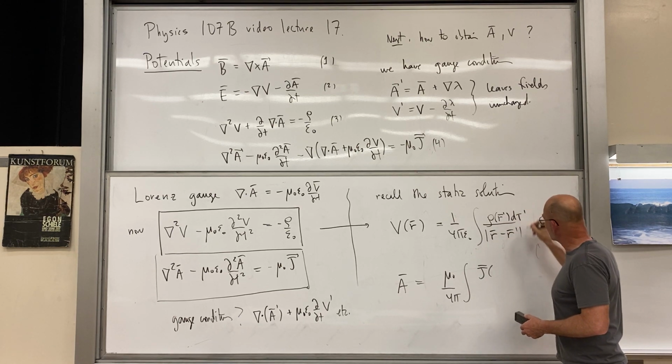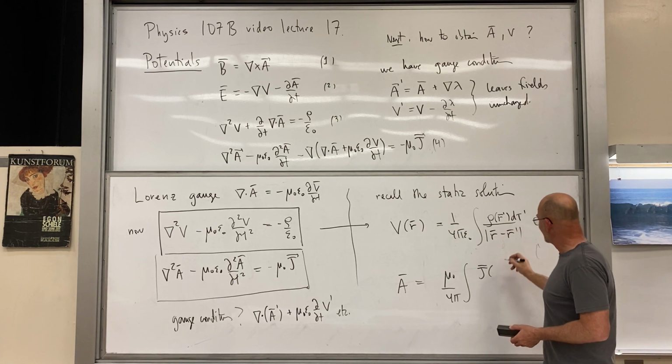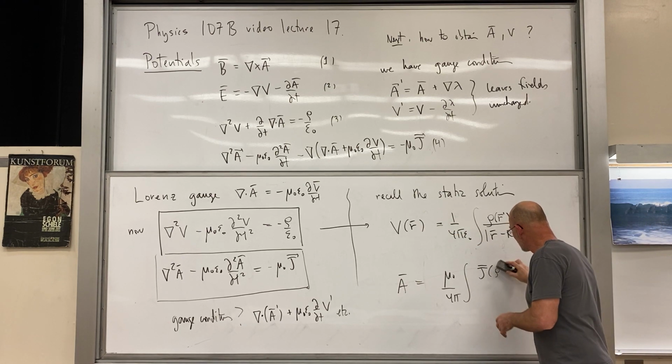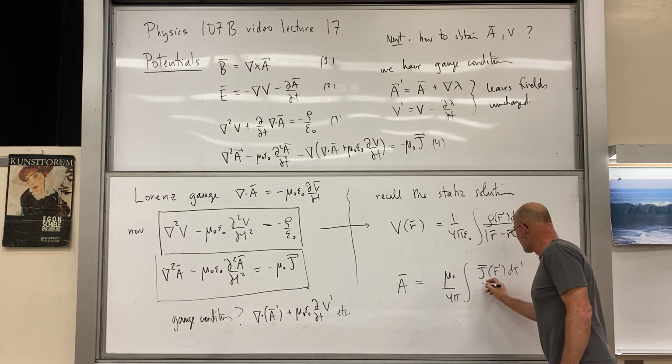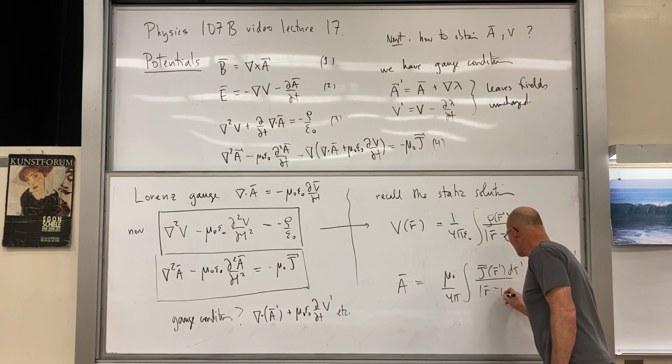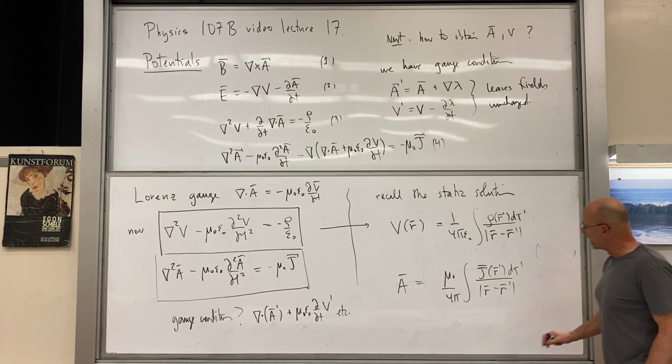That's what we're integrating over, and there's our argument, J, R. And here we have the same thing. R prime, d tau prime, R minus R prime, A of R.